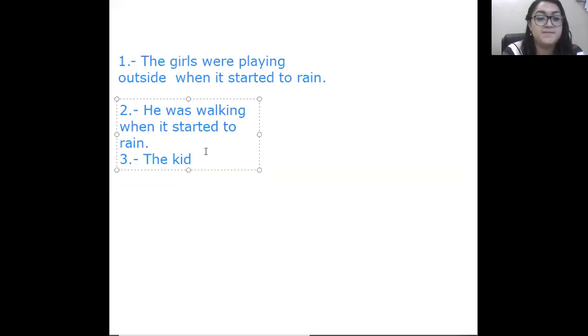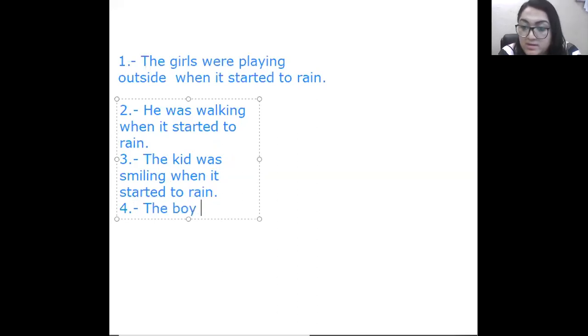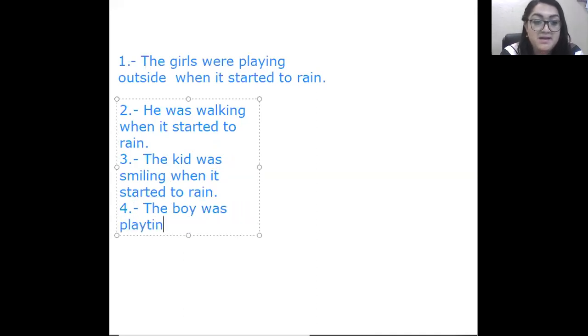The kid was smiling when it started to rain. Okay, cuando comenzó a llover. Then we have another boy. The boy was playing, el niño estaba jugando when it started to rain.